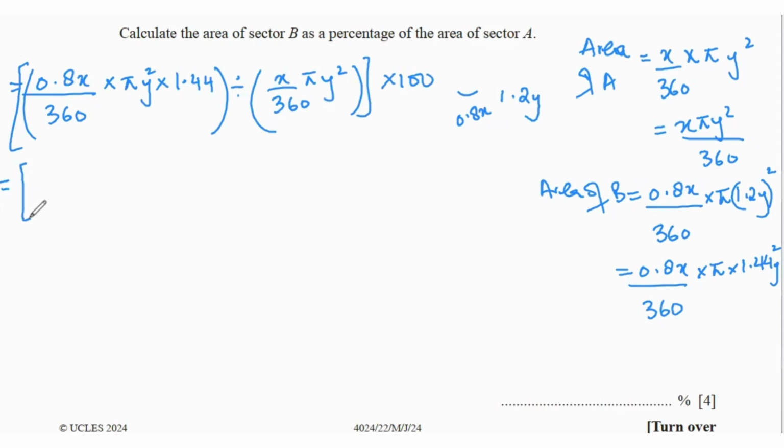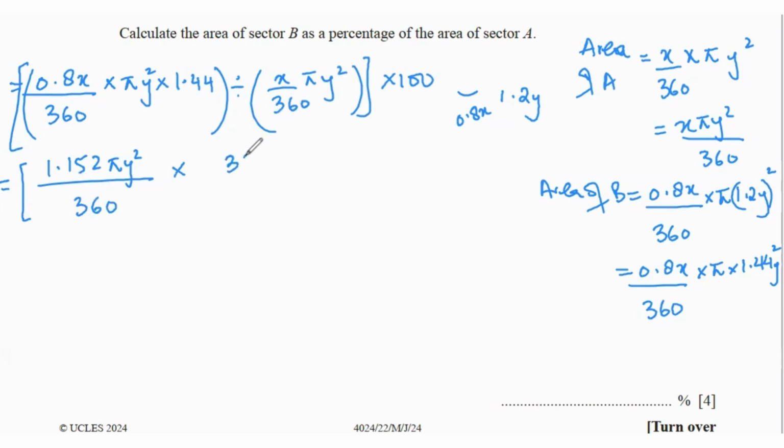Simplify this. 0.8 times 1.44, that's 1.152 pi y squared divided by 360 times, we're going to take the reciprocal.